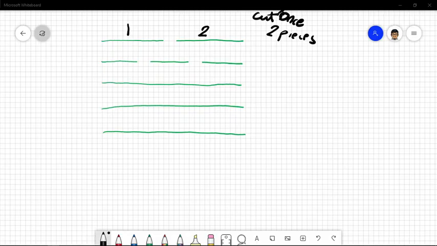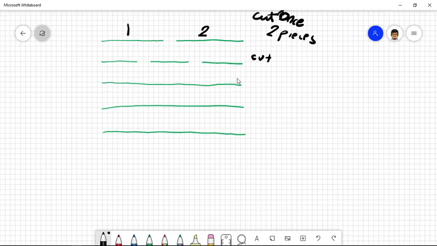So, nung kinat ko siya ng twice, cut twice, and cut twice, and then ilang pieces na siya? 1, 2, and 3. After cutting twice, it is now in 3 pieces. Let's see.